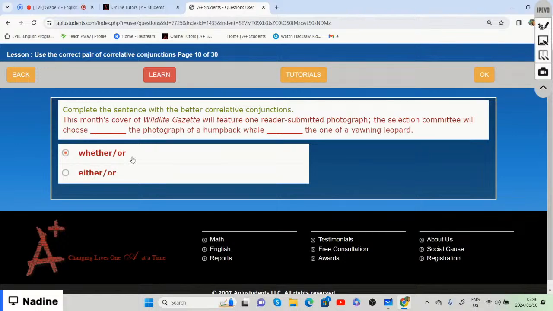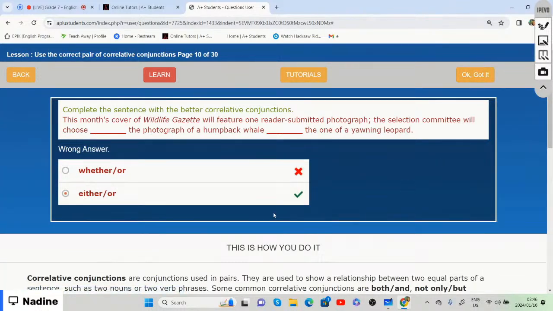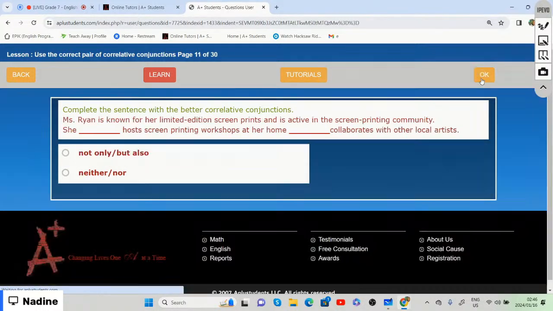So the first one, whether, ooh, it's either. So if you're choosing, then it's either or. It's like your choices that you have.